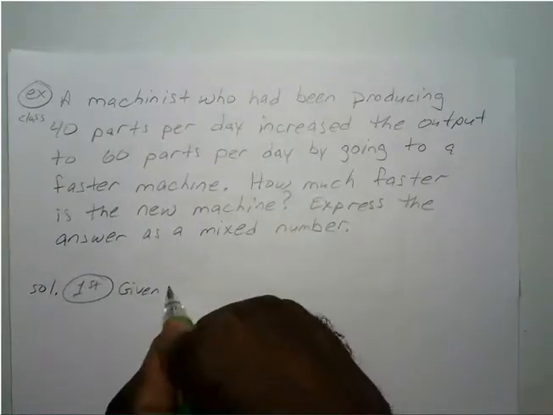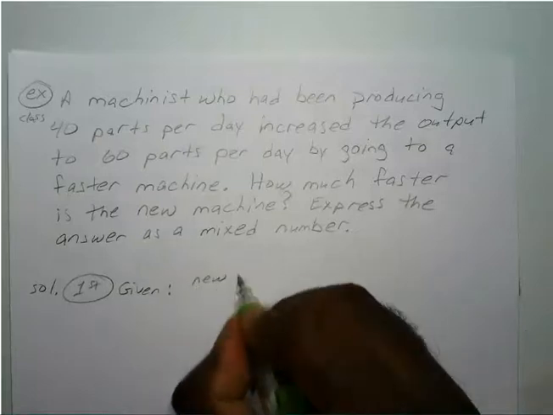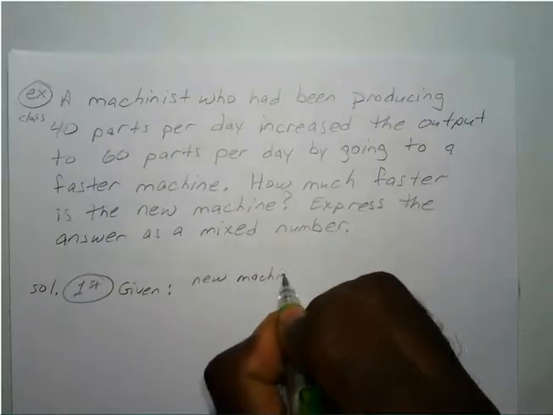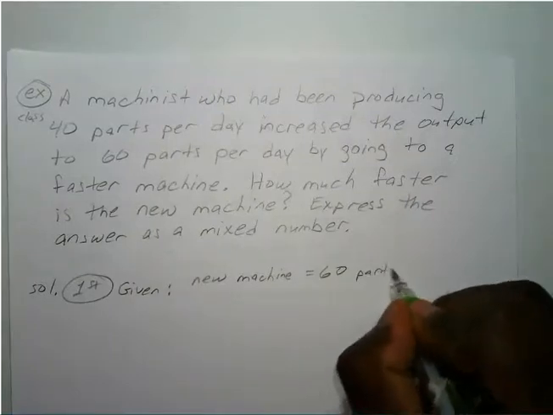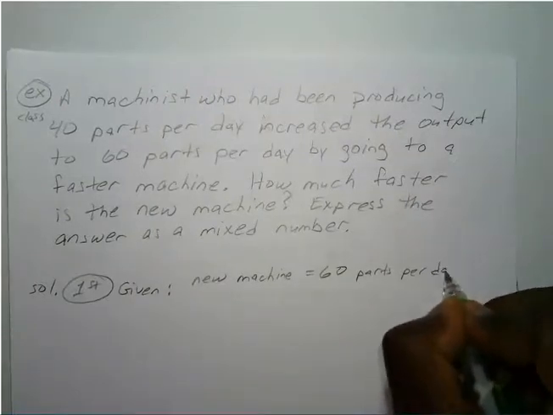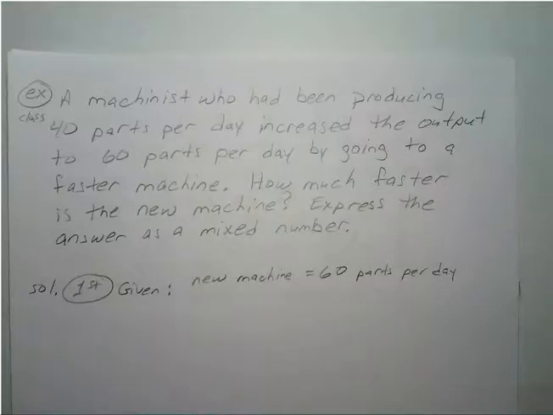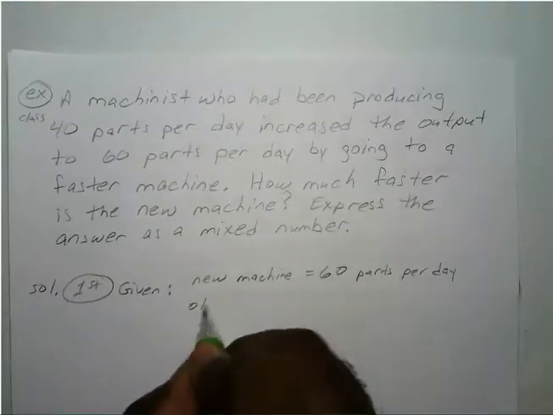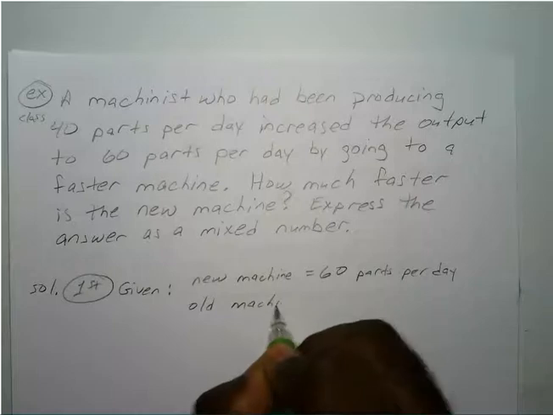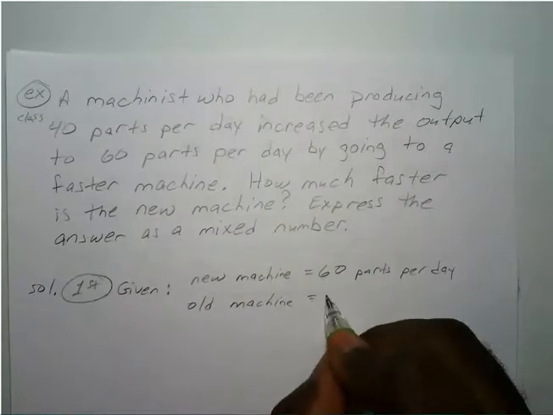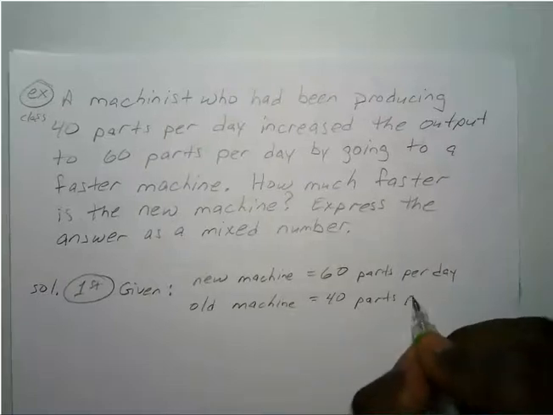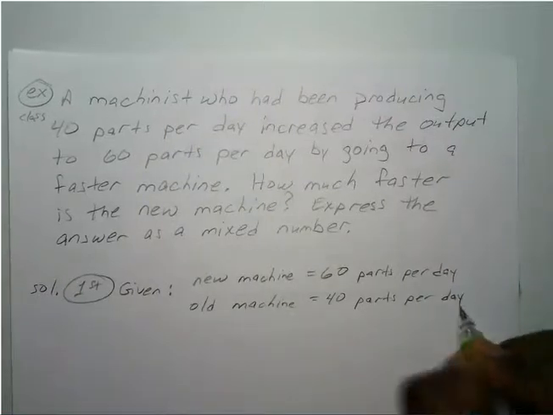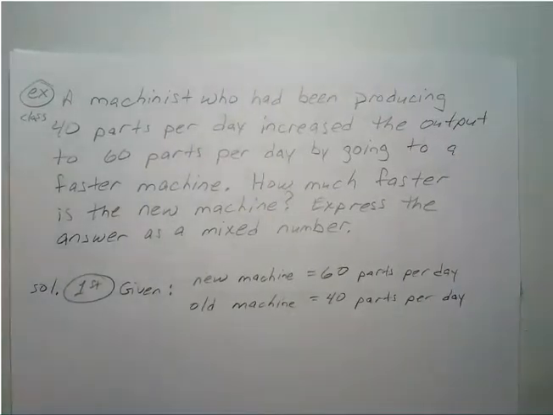We know that our new machine gave us 60 parts per day. And our old machine gave us 40 parts per day. So that's what was given to us.